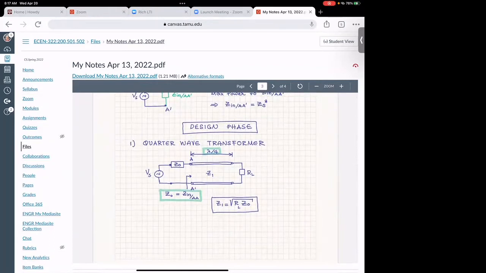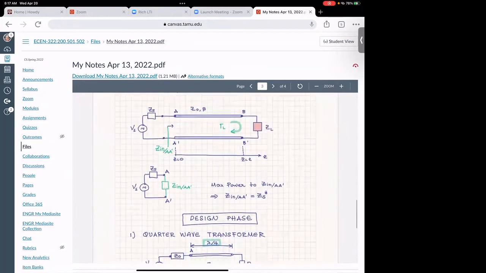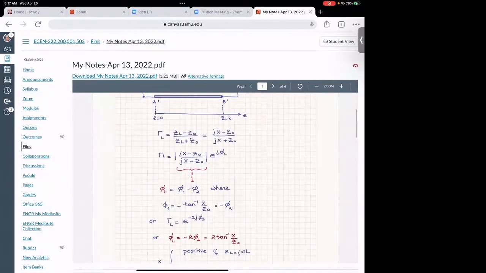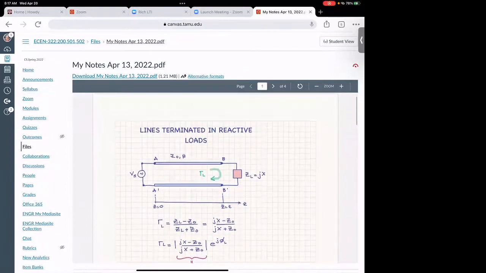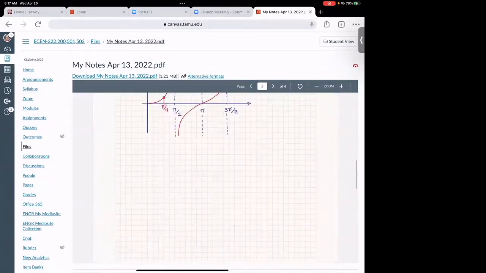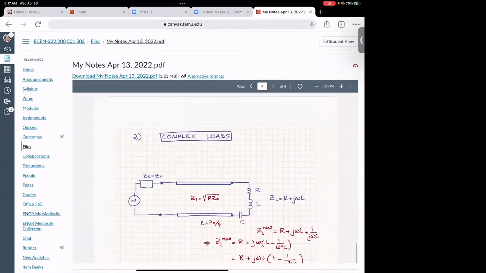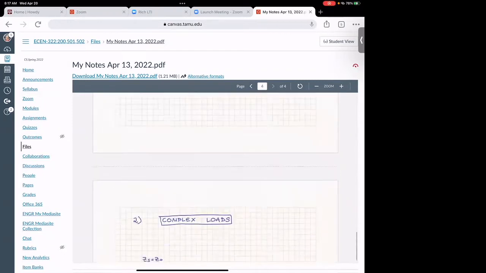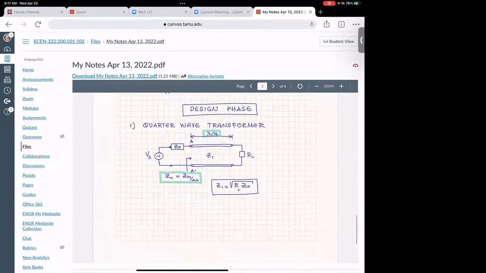This is the quarter wave transformer. Why a quarter? Because that's what comes out of the solution. In this particular case, when there was a reactive load, it comes out of the solution, we even solved it with a complex load, that it is a quarter of a wavelength.